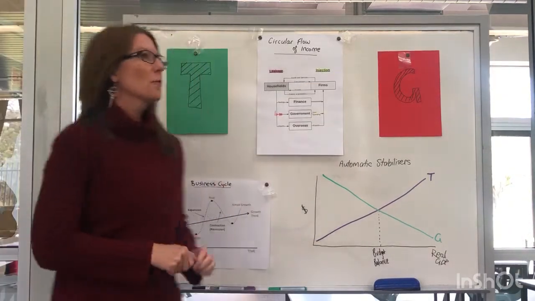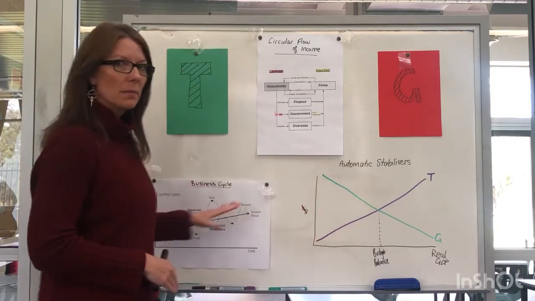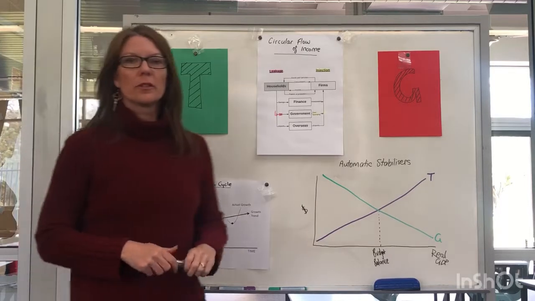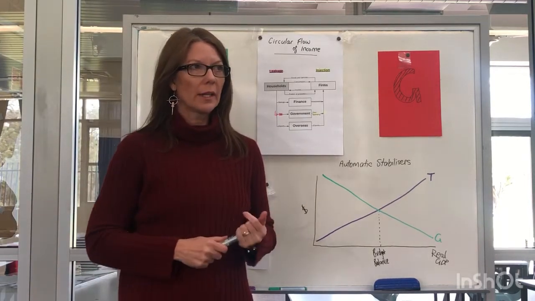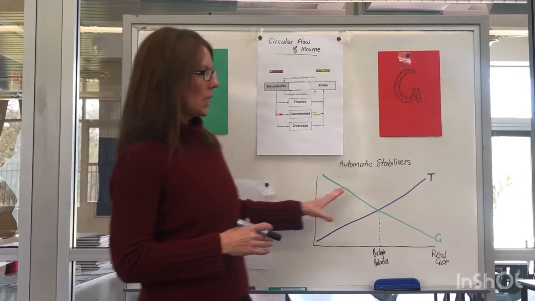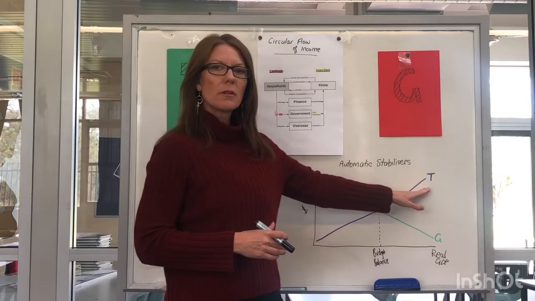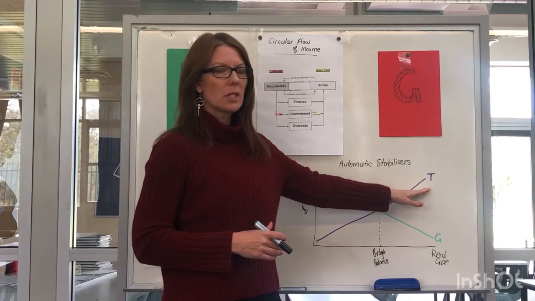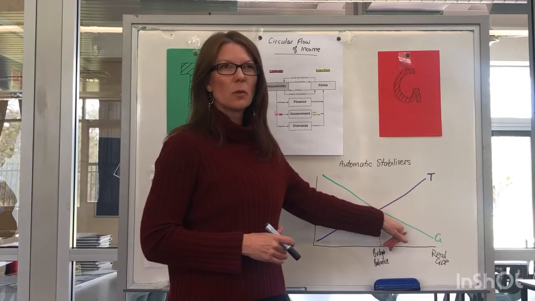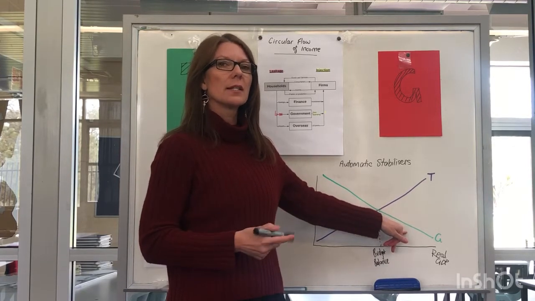Okay, so to help us go through how the automatic stabilisers help to stabilise the business cycle, I'm going to refer to the circular flow as well. Okay, so as we know, in any particular phase of the business cycle, tax revenue, so our T, can increase or decrease, and government spending, which we're really talking about welfare payments here, okay, can increase or decrease, okay.